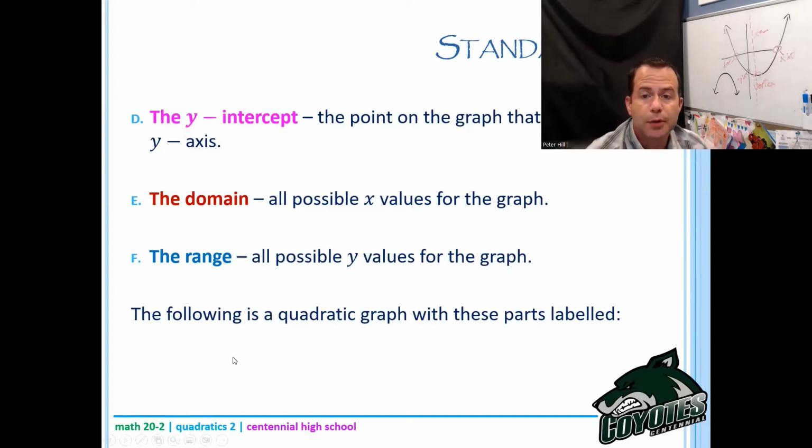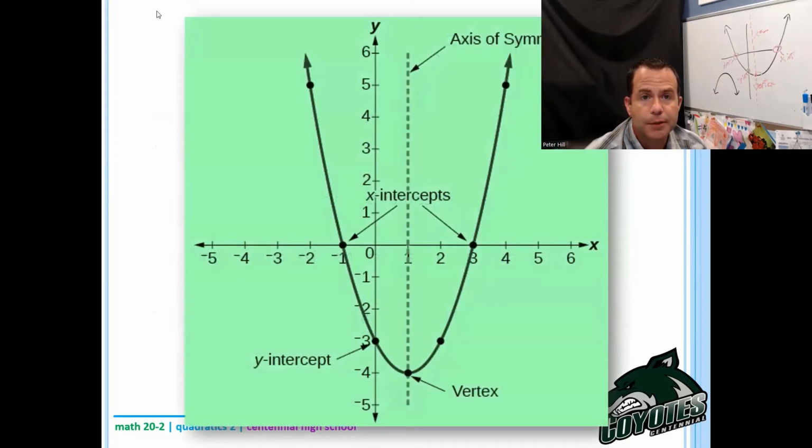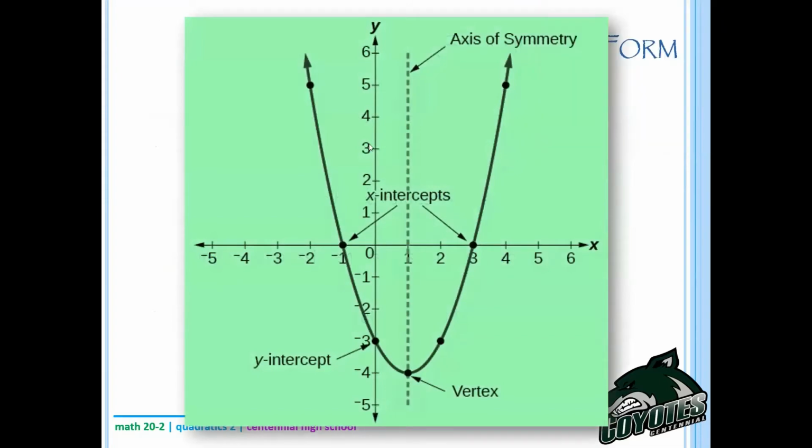Okay, and so if I showed you a graph of the quadratic, I'm just going to hide myself for a second. We see all of these important points, just like I had drawn on the board there. So the axis of symmetry is that vertical line, y-intercept where it hits the y-axis, x-intercepts where it hits the x-axis, the vertex is where it changes direction.